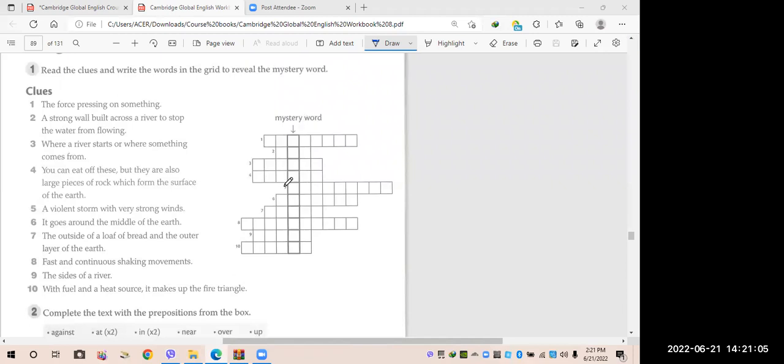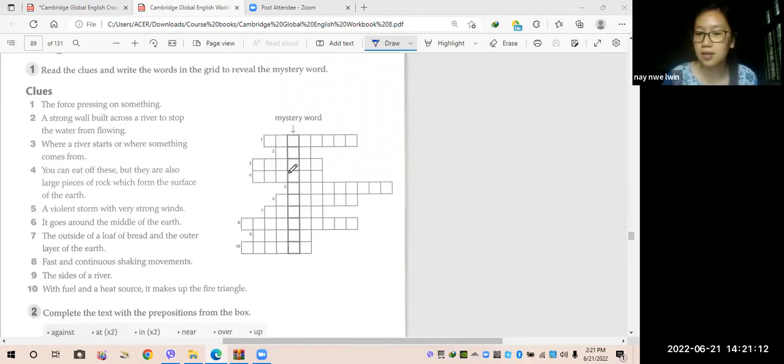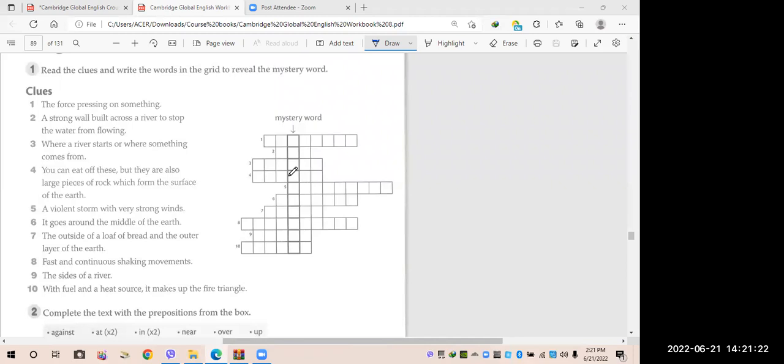Hurricane. Correct. And something that goes around the middle of the earth. Equator, yes, correct. And the outside of a loaf of bread and the outer layer of the earth. Again, the word has 2 meanings. Crust, correct.